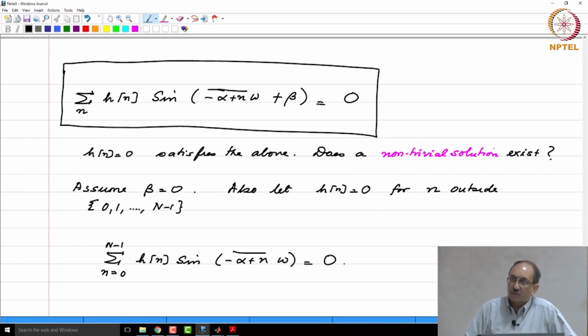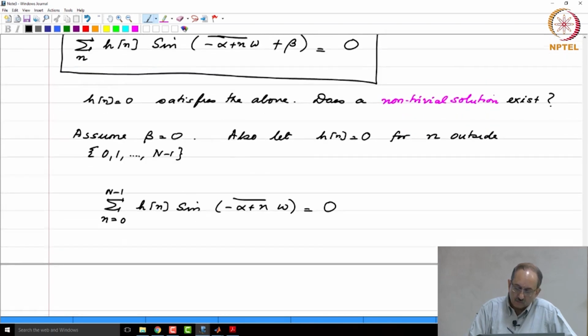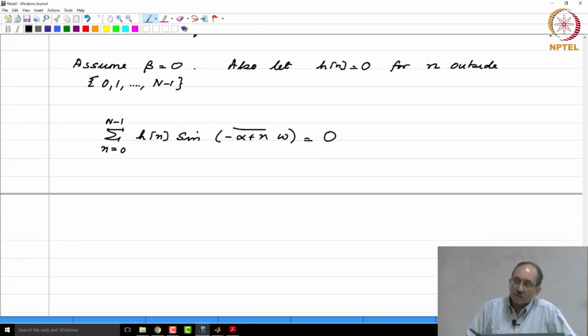So this is the simplified version of the problem. Now we want to see whether some headway can be made.